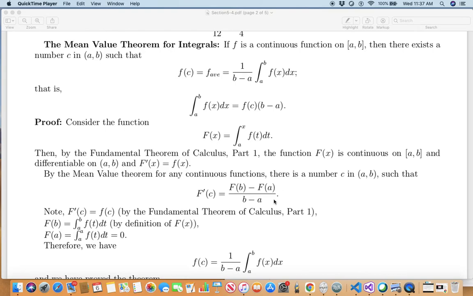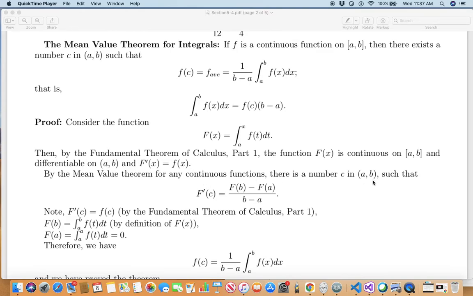Actually, I should say continuous on the closed interval and differentiable on the open interval. You need differentiable on the open interval.